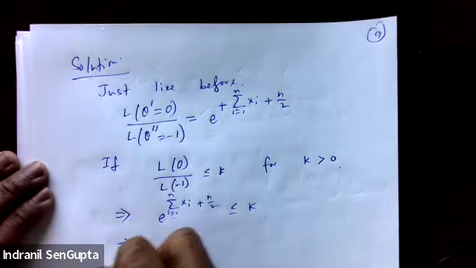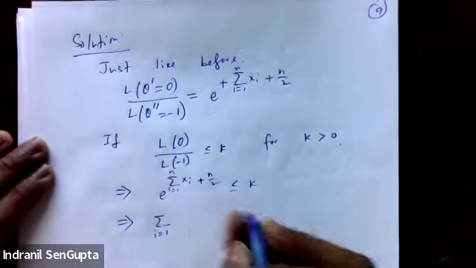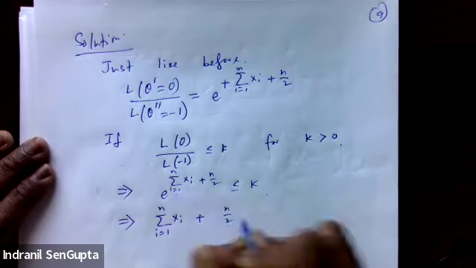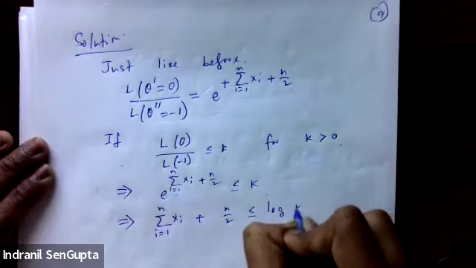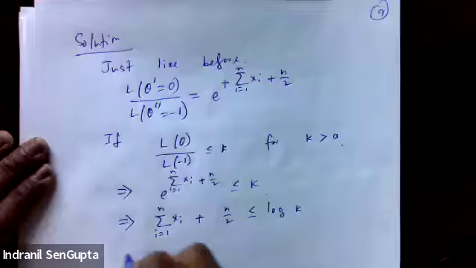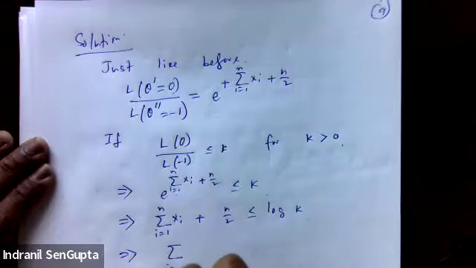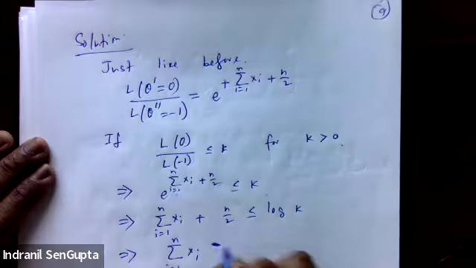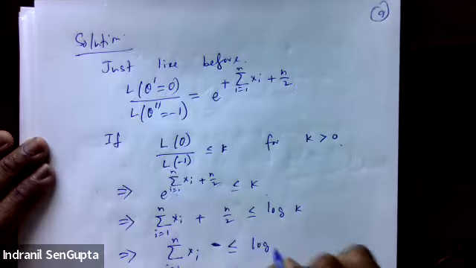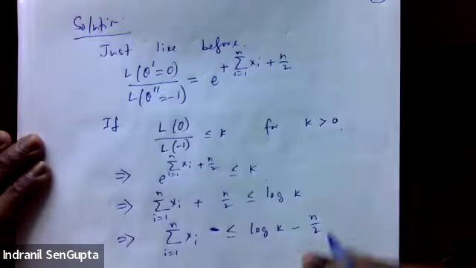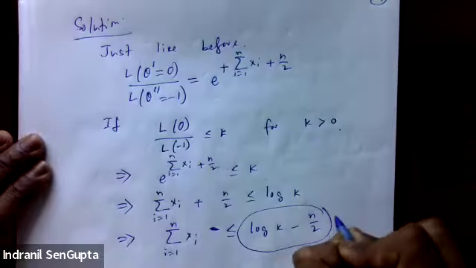If I take the logarithm, summation of xi plus n over 2 is less than log of k. So summation of xi is less than log of k minus n over 2. Let's call this one C.